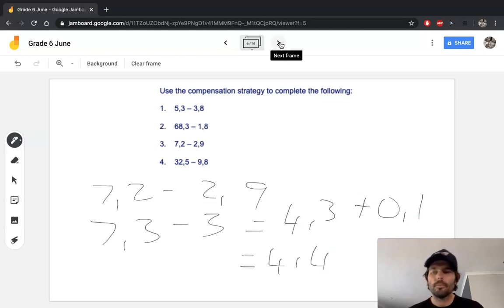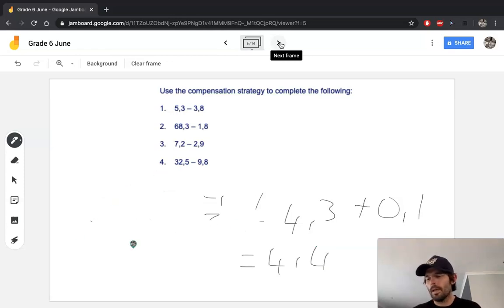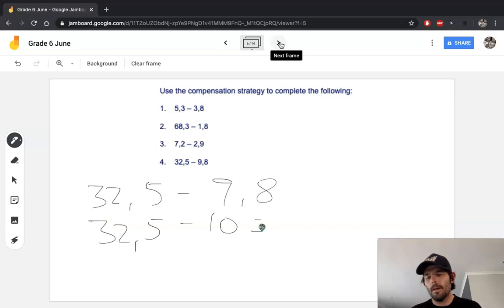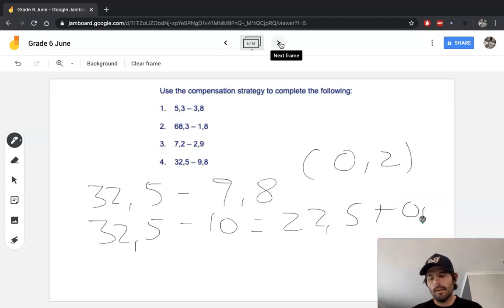And then your last example, you're quite correct in saying you must round off the 9,8 to 10. So if we've got 32,5 minus 9,8, it becomes 32,5 minus 10, which is pretty straightforward. I've subtracted an additional 0,2, so I must give that 0,2 back, and that's going to give us 22,7.